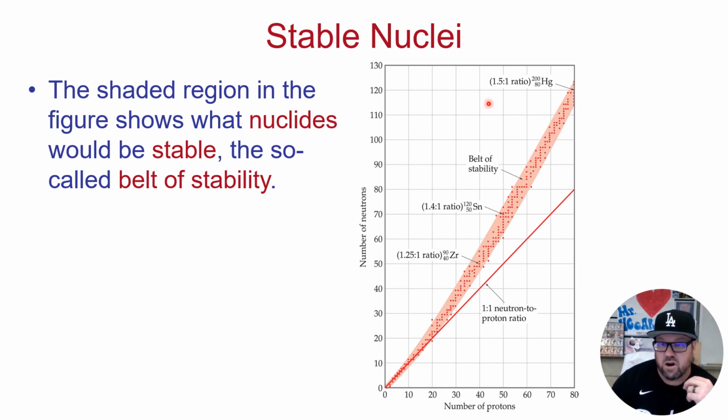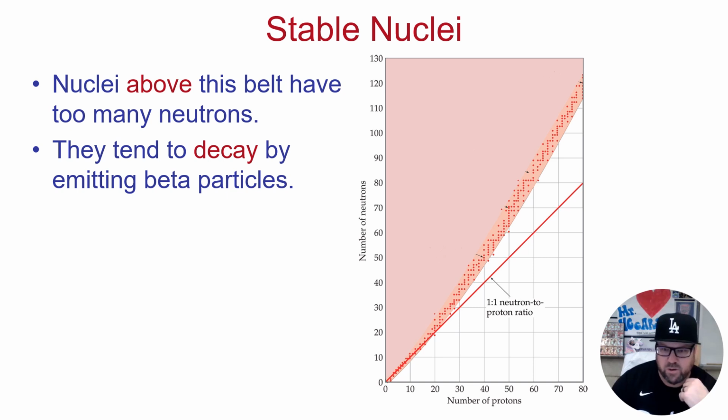Now, if your nucleus is above the band of stability or below the band of stability, you will do a different type of nuclear decay or radioactive process in order to get to an isotope that's in the band of stability. So for example, if you have a nucleus that graphs somewhere here where I put my green dot, this nucleus is above the belt and it has too many neutrons.